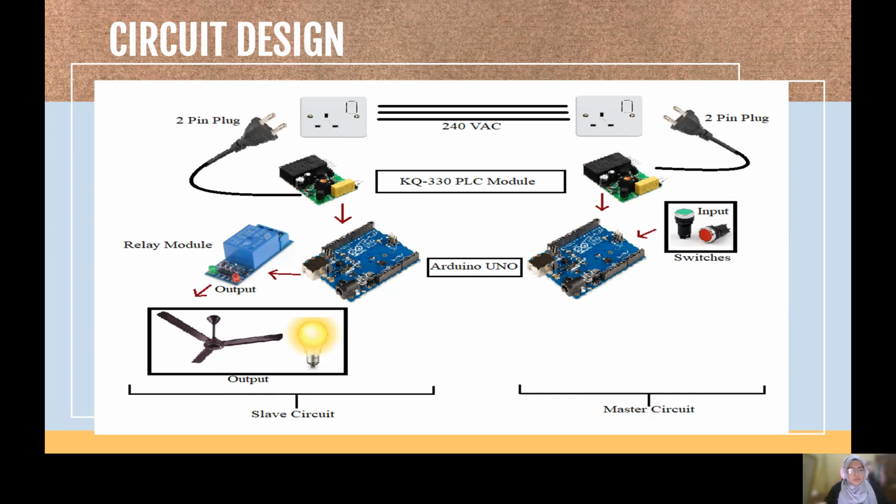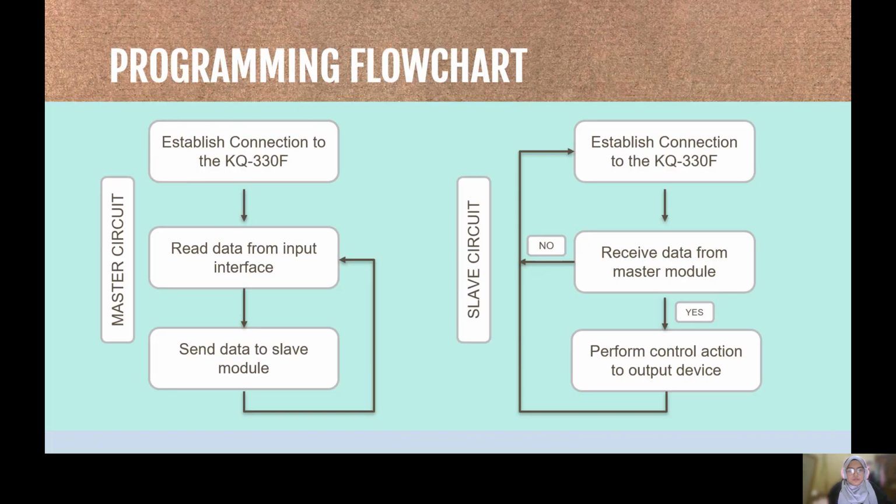So next, I'll show you the programming flowchart. There are two flowcharts, for the master circuit and the slave circuit. For the master circuit, the Arduino will always establish connection to the KQ330F, and it will read data from the input interface, which in this case is from the switches.